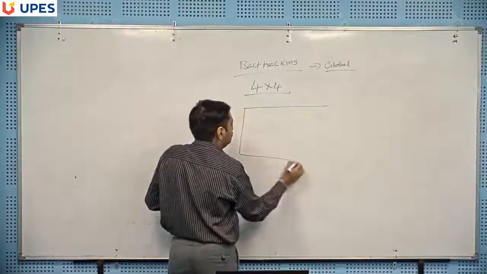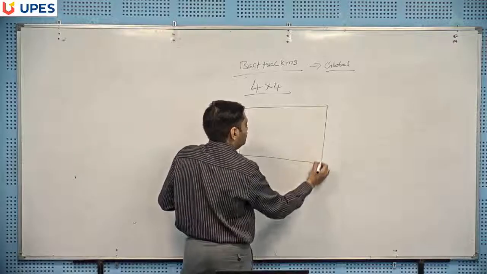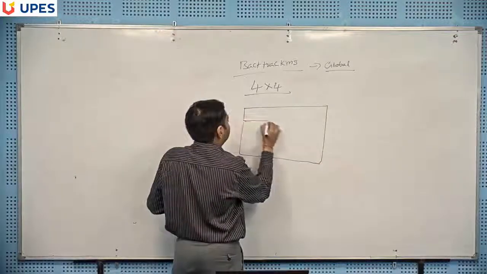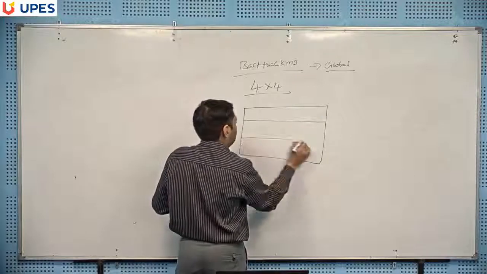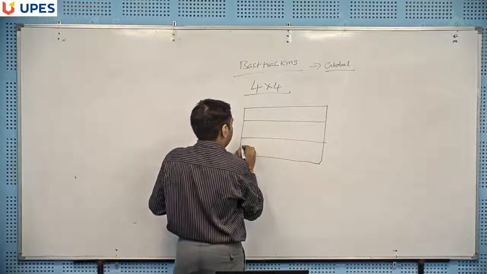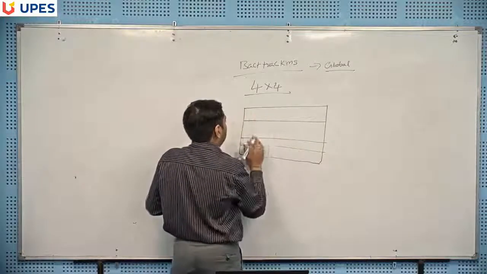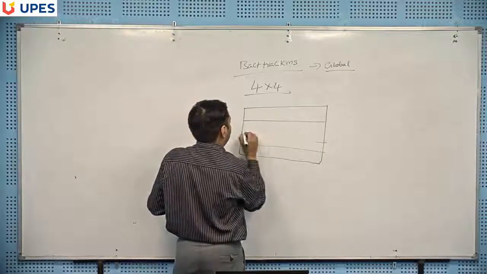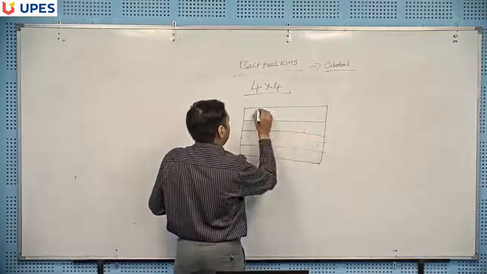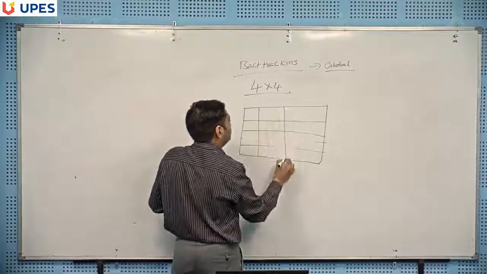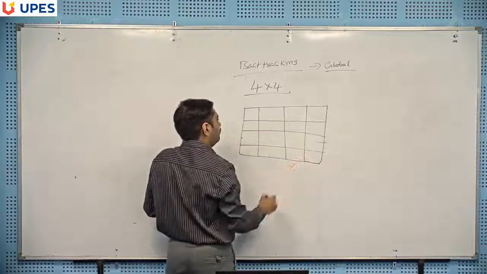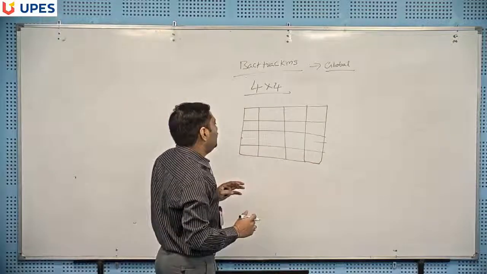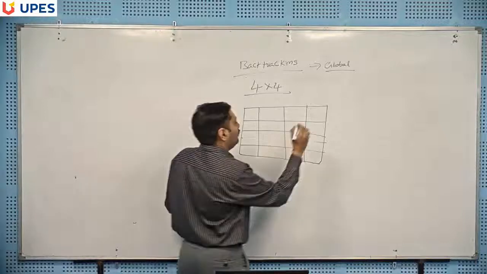Just assume this is the chessboard, 4 by 4, and you are given 4 queens.